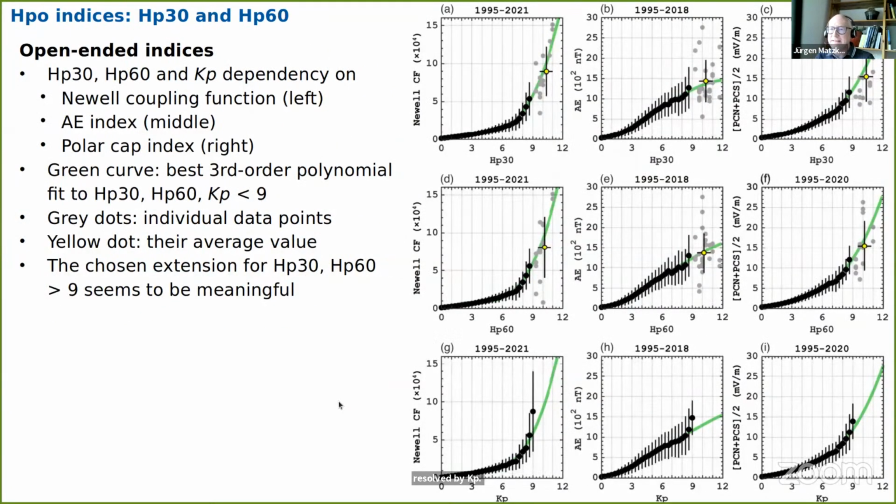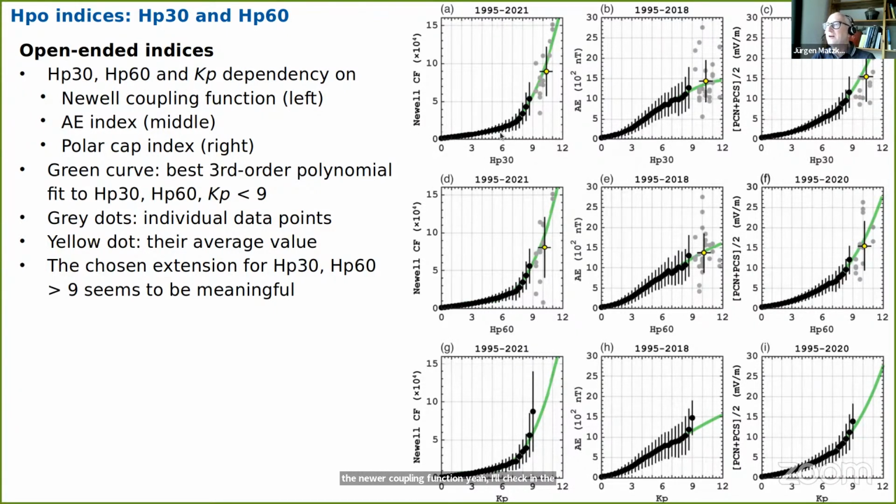And this is a bit a difficult plot, but one I like very much, because it shows firstly how our indices, the old one, KP in the bottom, HP60 in the middle, and HP30 in top, are related to other open-ended indices. And here we have on the left side the Newell coupling function, the auroral electrojet index in the middle, and the polar cap index on the right side.